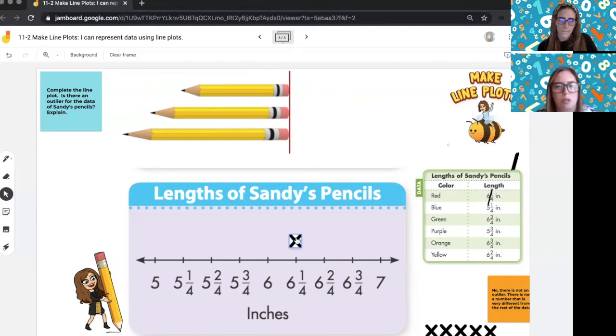And good idea, Ms. Ortiz, with crossing out to remember that we did that one already. Yeah, I wouldn't want to double plot. No, because then that would mess up our answers. So the next one, the blue pencil, is 5 1/4 inches long. The green pencil is 6 3/4 inches long.